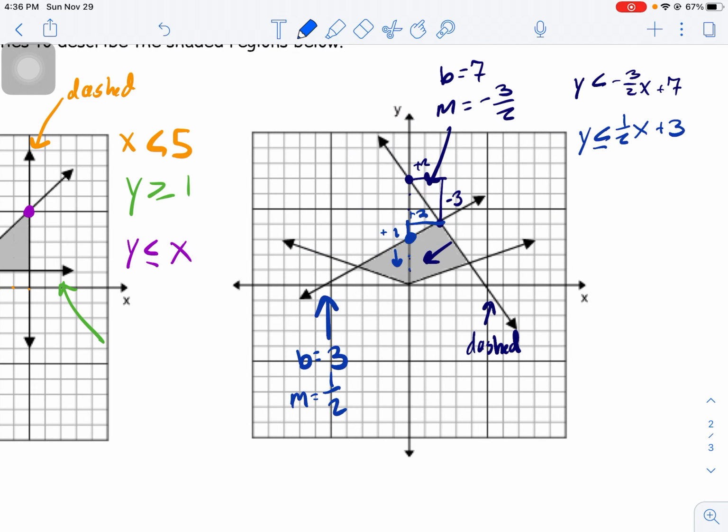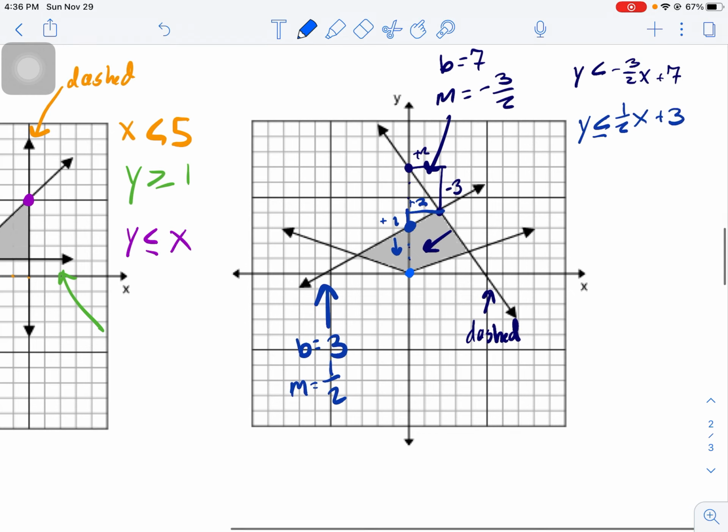And then the last line here, this is a special one. Notice we bounce. These are our absolute value graphs. So a little bit of review from absolute value. What we need is the slope of this line, and we treat it just like vertex form.